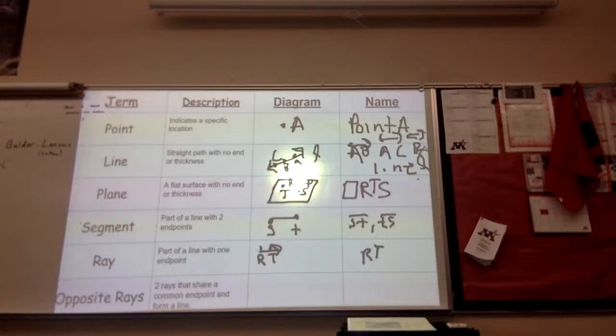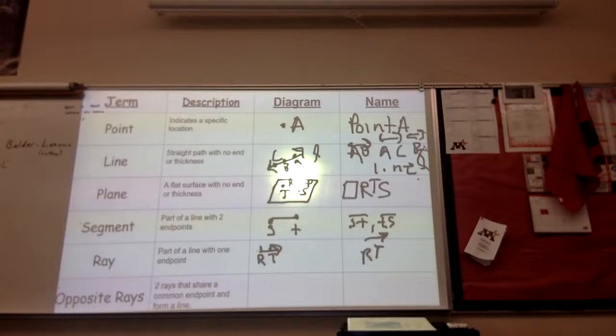So naming it would look like that, the arrow over the top, RT. You always start with your endpoint first when you do a ray. If it was a full ray, like we'll see in the next one, you still use your endpoint, and you'll see an example here in a second.